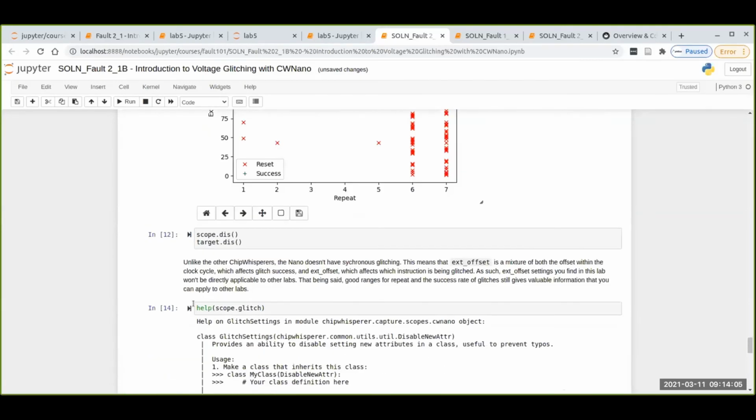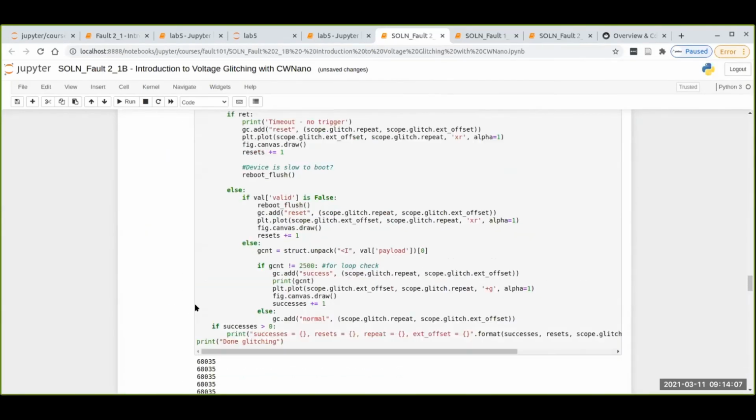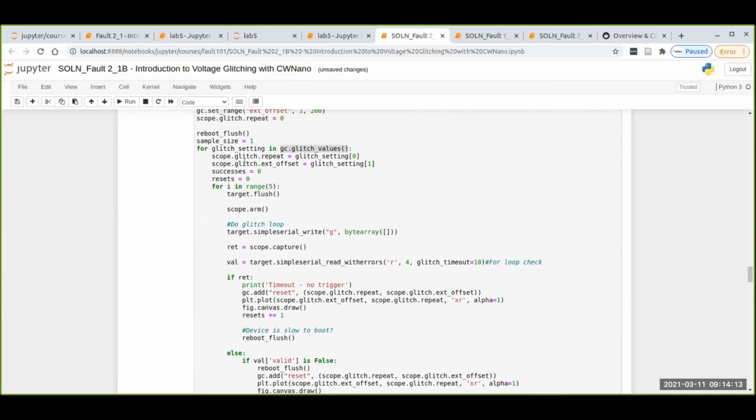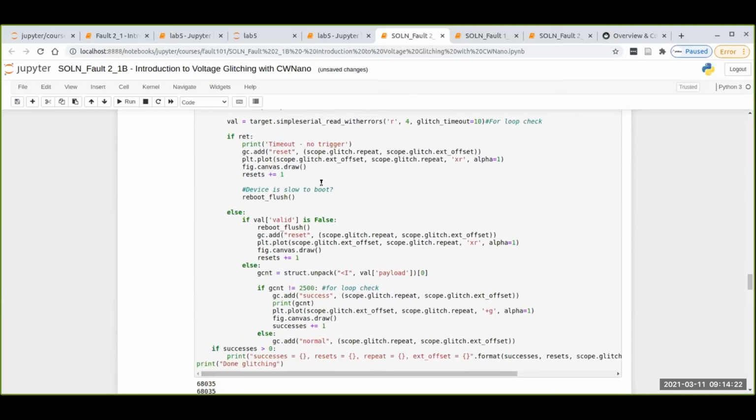But ultimately, what's happening is we're iterating over each potential value for both repeat and offset, right? And we're outputting only in certain instances if we're successful. We're not plotting everything, right?